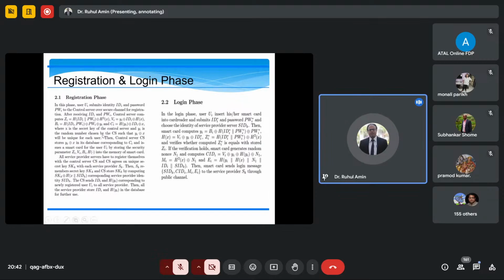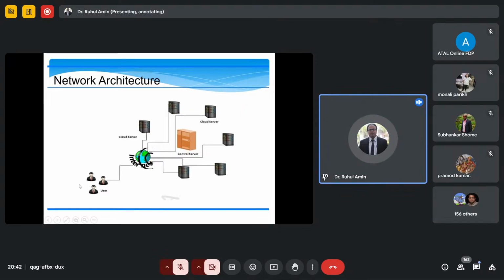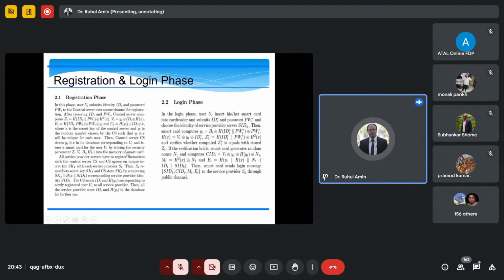The most important thing is, once the user completes his registration with the control server, he can get access from any one of the cloud servers, right? So that is basically the main beauty of multi-server communication.